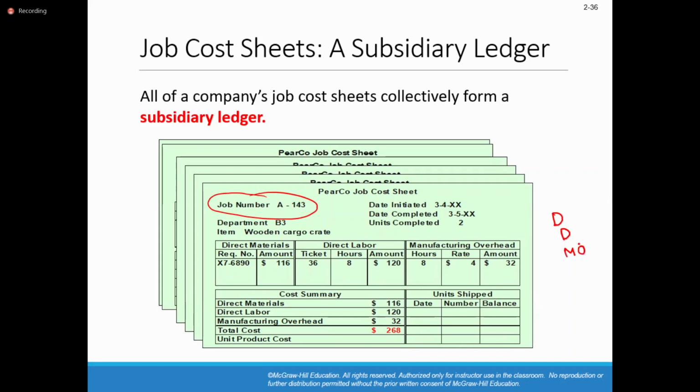But I mentioned to you how we classify the inventory in terms of raw materials, work in progress, and finished goods. I probably mentioned it in the class before the previous class.